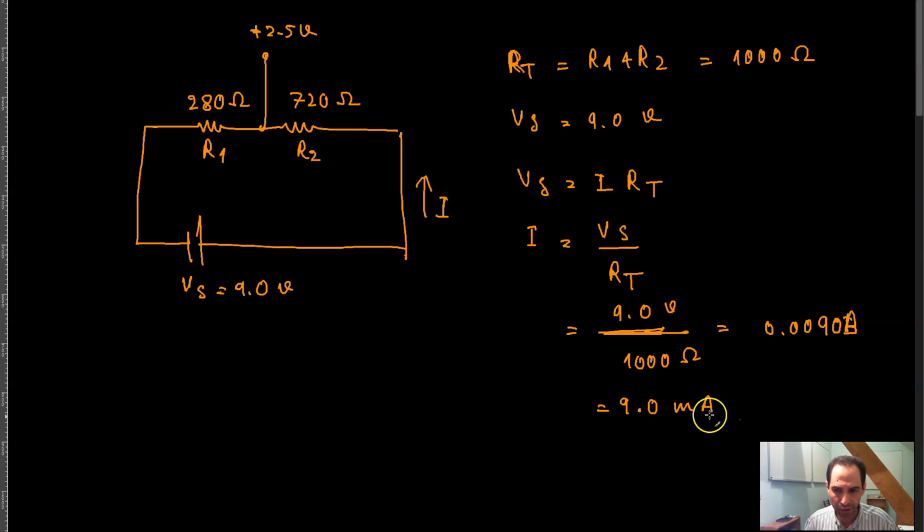So that means that basically 9 milliamp of current is going through this circuit now, and this 9 milliamp is going through both of these resistors. That means that if you want to find what sort of resistors you need to use here, P is equal to VI, and P would be the voltage across this resistor.